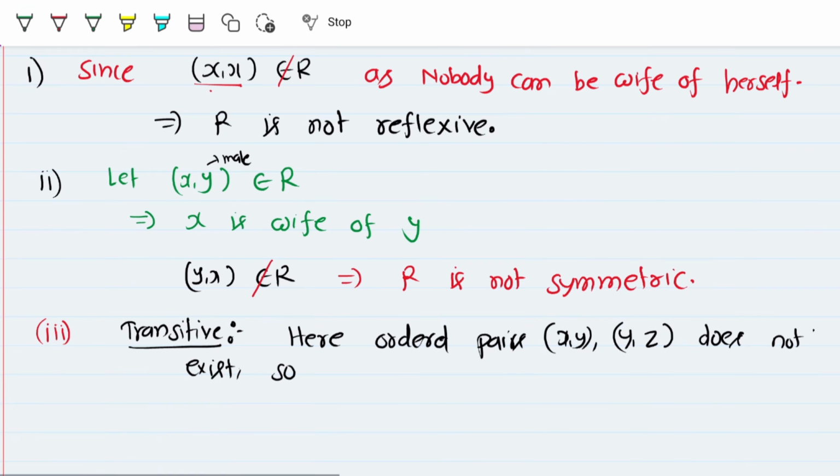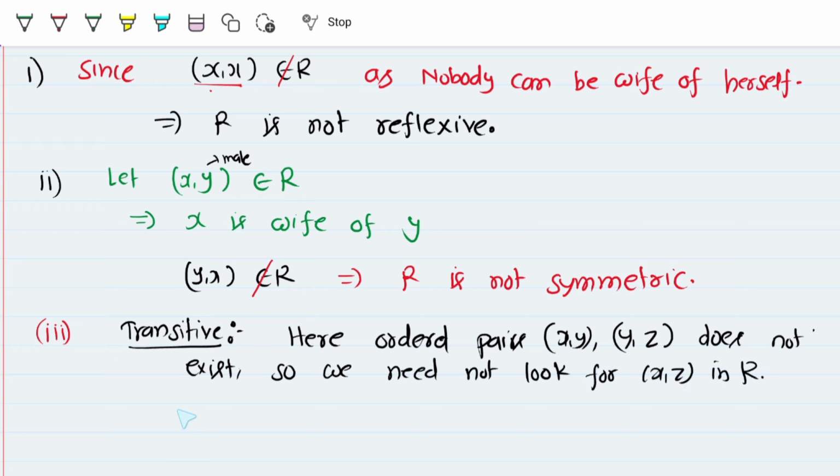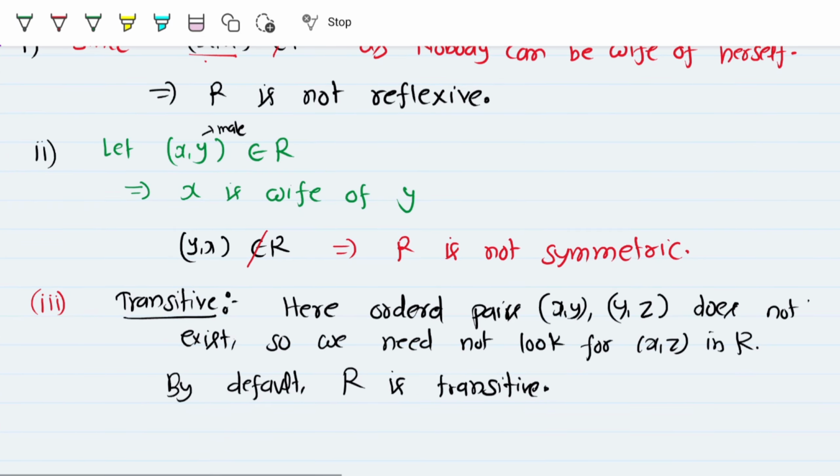So we need not look for x comma z in R. By default, R is transitive. In the NCERT book they have given R is not transitive, which is wrong. R is transitive here. We are following just the definition. R is transitive.